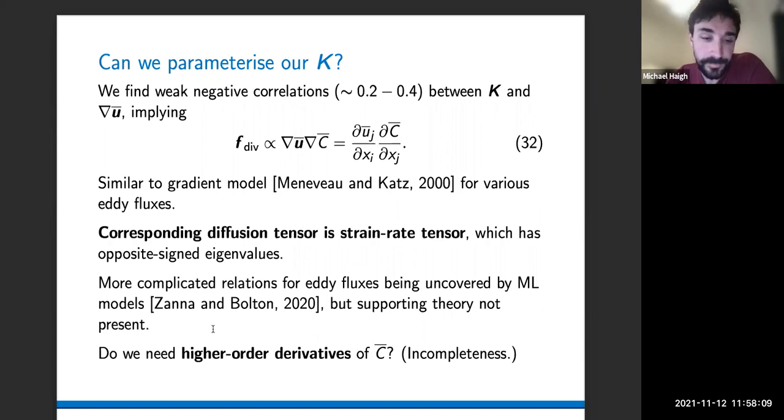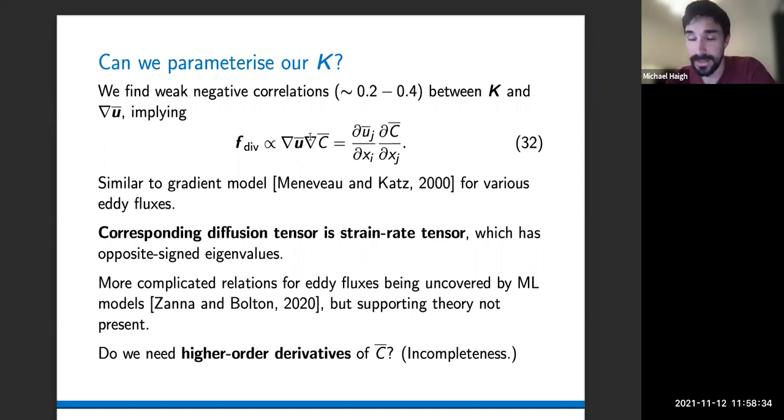And just at the bottom here in this slide, I'd like to remind us of the notion that the flux gradient relation itself may actually be an incomplete model of eddy transport, by which I mean that it may be necessary to introduce higher order derivatives of C on the right-hand side of this equation.